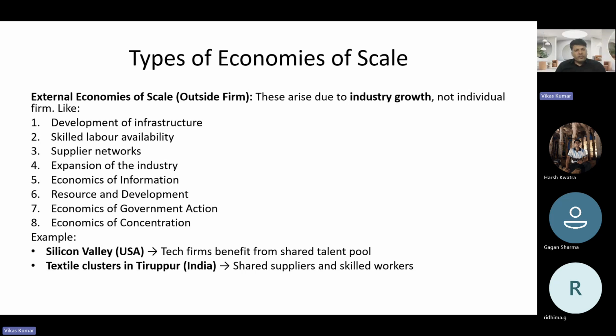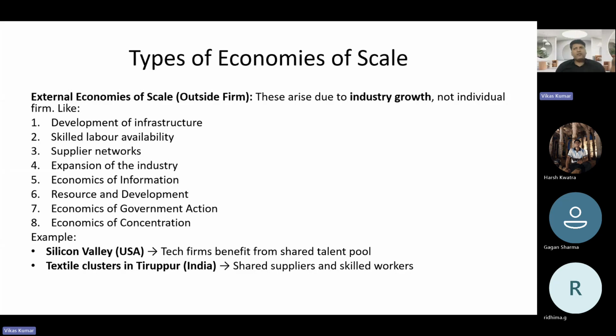Development of infrastructure is not in the direct control of a firm, but it definitely leads to economies of scale, because firms are now in a better position to transport their product from one region to another, or because of electricity supply, or basic needs like water availability. Electricity, transportation, or building bridges increases efficiency, so firms are able to deliver a product in a very short period of time.